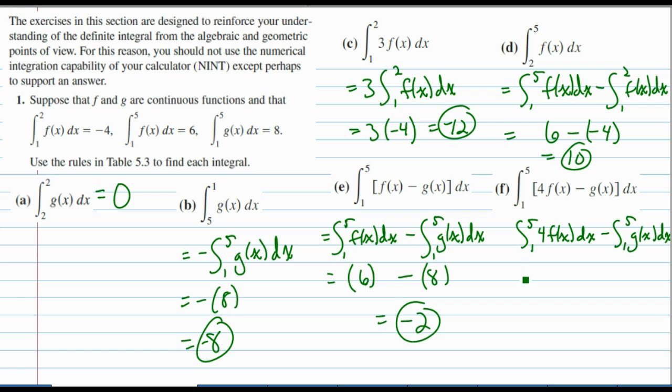Alright, now I can factor out the 4 because that's a coefficient, so 4 times the integral from 1 to 5 of f of x dx minus, and then that can stay. And now I know these values. The integral from 1 to 5 of f is 6. The integral from 1 to 5 of g is 8, so 24 minus 8 is going to be 16.